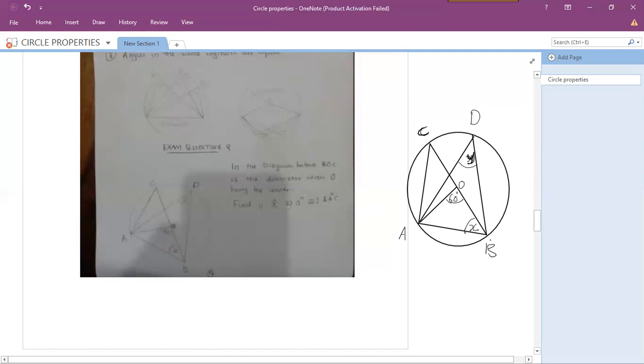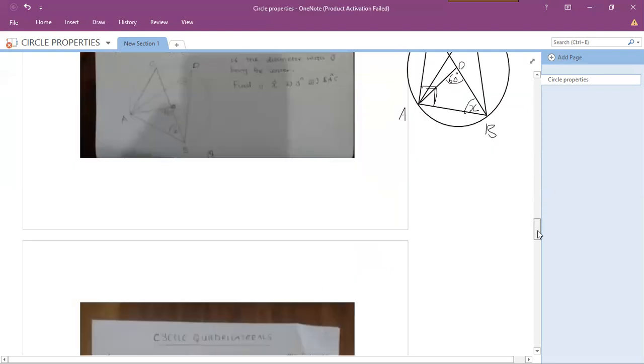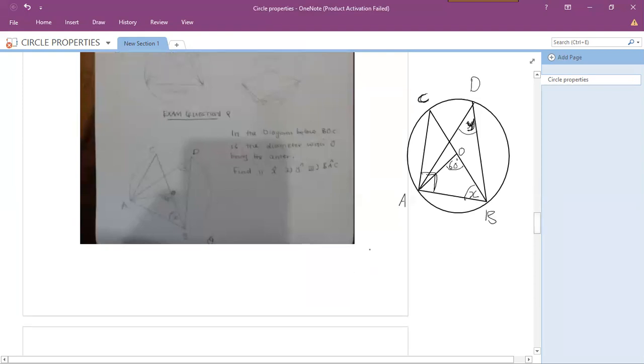Where is BAC? Oh, BAC, which is this entire angle there. So let's actually start with angle BAC, and remember you have to give explanations to why you think that's the answer. So angle BAC, this angle here, is equivalent to 90 degrees. Why is it equivalent to 90 degrees?